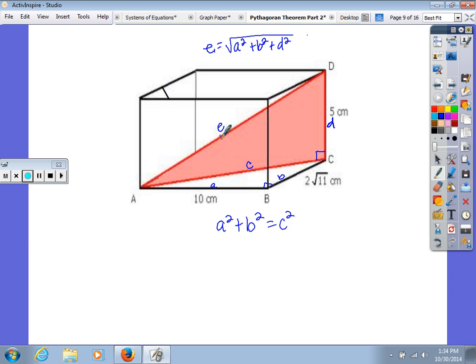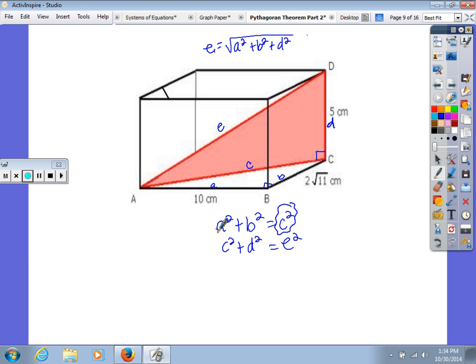I also know that if I want to figure out what e is right here, it's going to be c squared plus d squared. That has to give it to me. Now, we talked about in math how instead of writing c squared for this problem, I know what c squared equals.